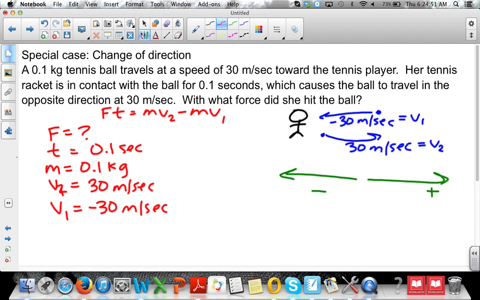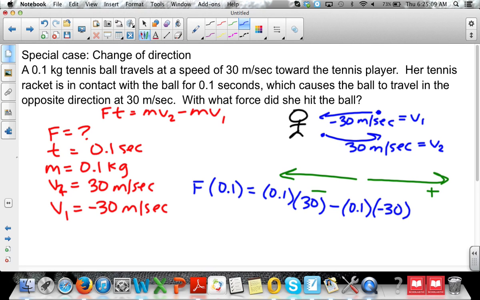Okay, so now that I have all that figured out, I'm going to go plug it all in. Positive 30, and then my mass is the same.